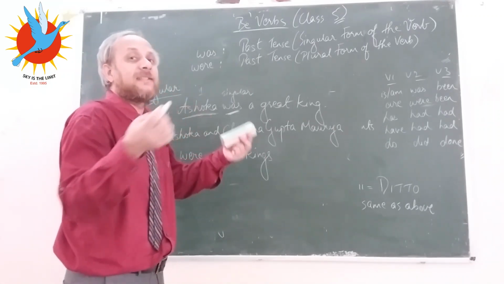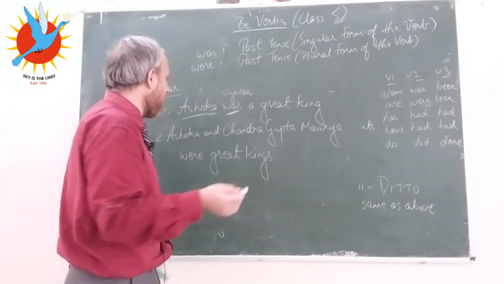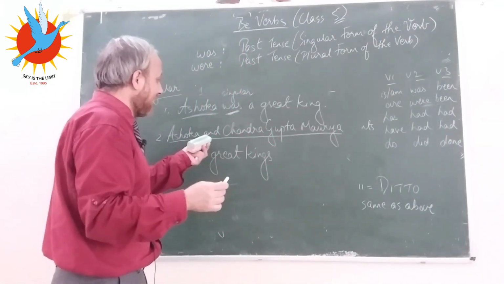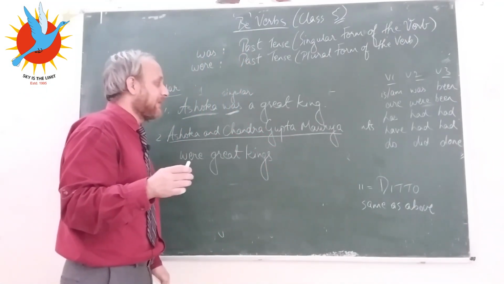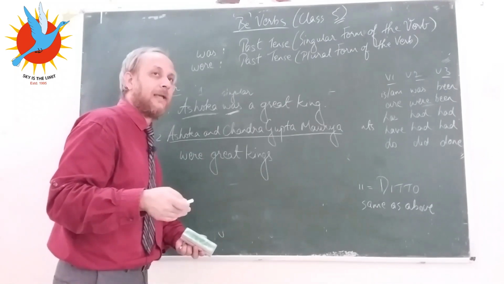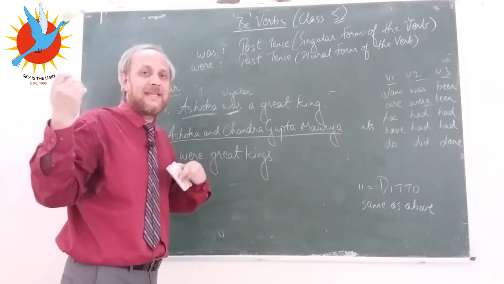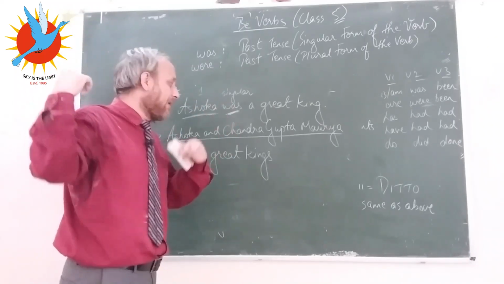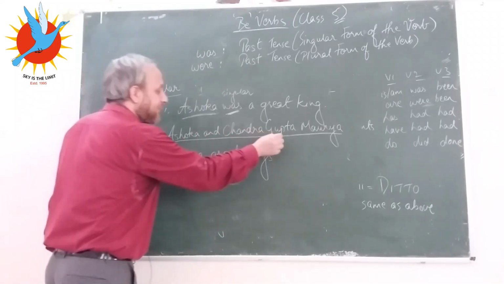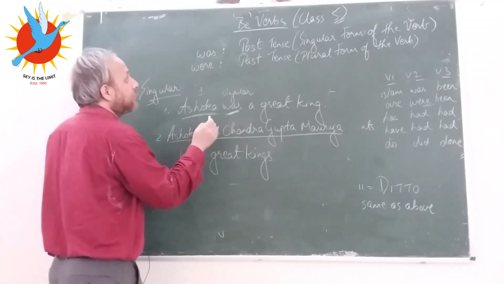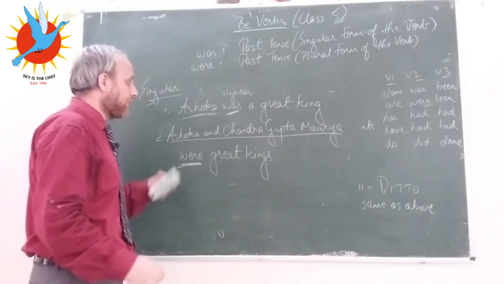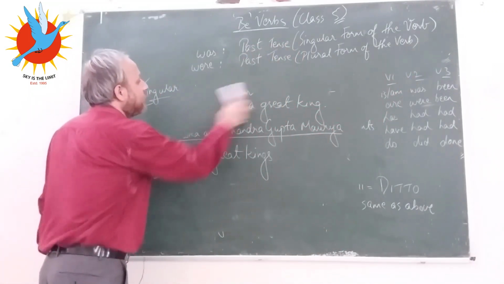Who is being spoken about? Ashoka and Chandragupta Maurya. So this particular sentence is talking about two kings, kings who lived and ruled India once upon a time in the past. That's why I've used were out here. The subject is plural. That's why I've used the plural form of the verb. Okay, so just do remember that. Okay, so let's move on, kids.